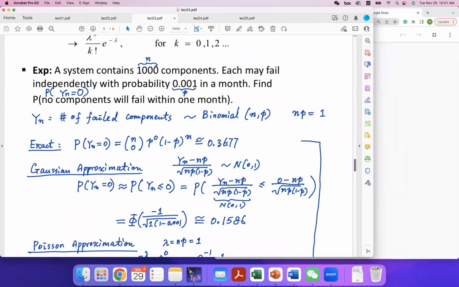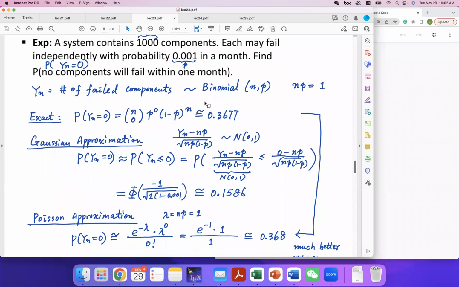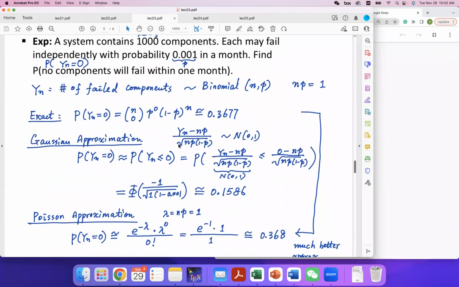So it's about a 36% probability. So this is the exact value, the accurate one. And since we have introduced two different approximations, one Gaussian and one Poisson, we can use these approximations to calculate this probability and see which one gives a more accurate result.